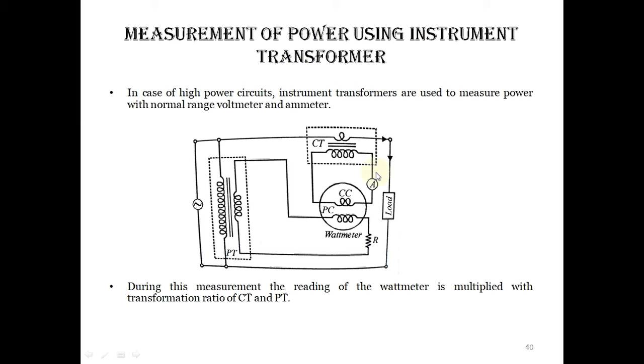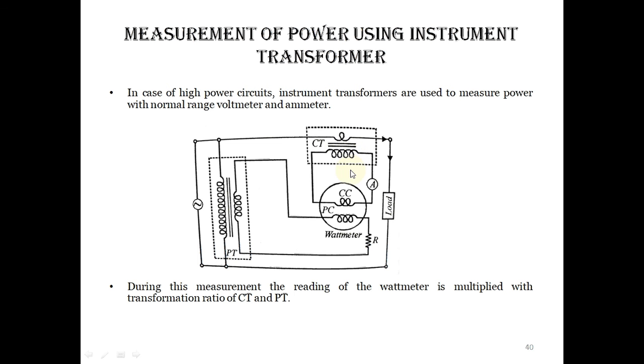But still, in a high power circuit, the wattmeter is not capable of reading that power, because the voltage or current or both are in the high range, beyond the scope of the wattmeter. So to keep track, the voltage level as well as current level are stepped down. Mind the word: current level is stepped down, I am not saying that a current transformer is a step down transformer.